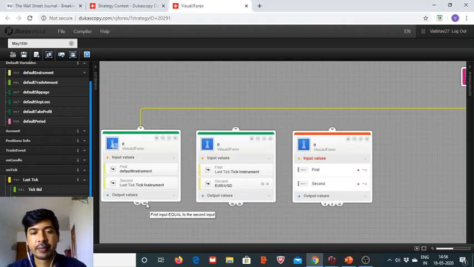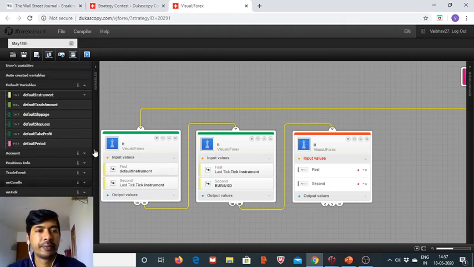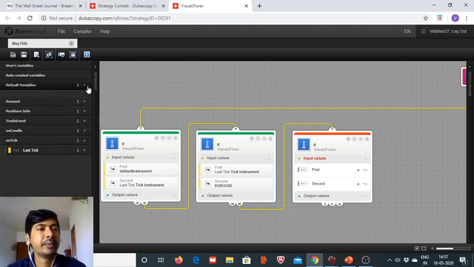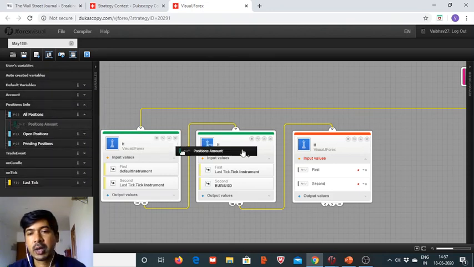Okay. Then we define the position amount at 0. Position info, all position amount.